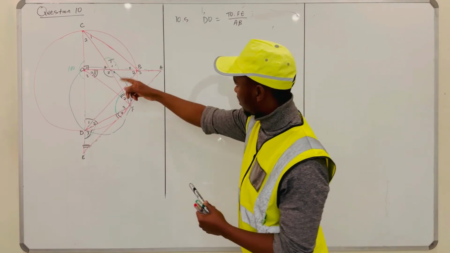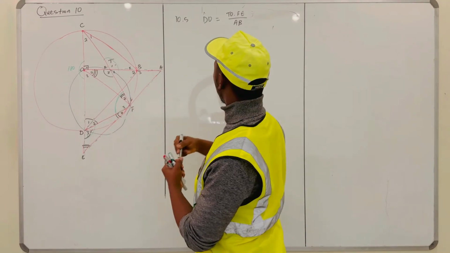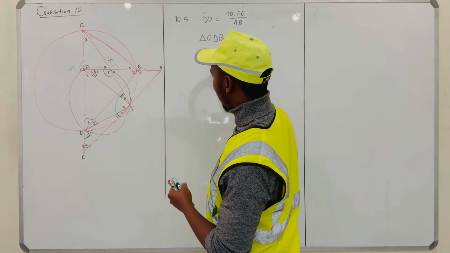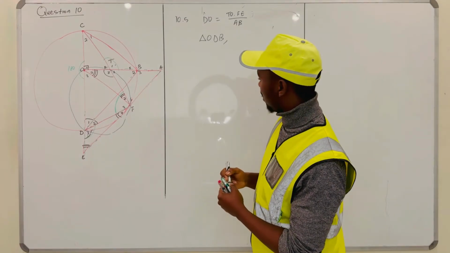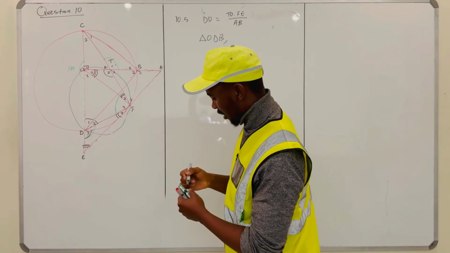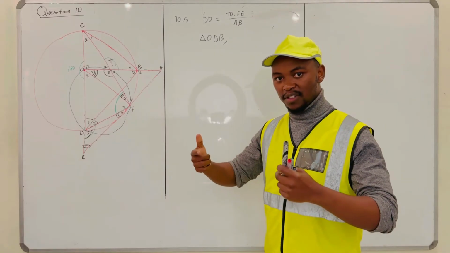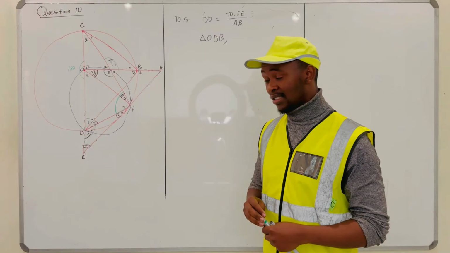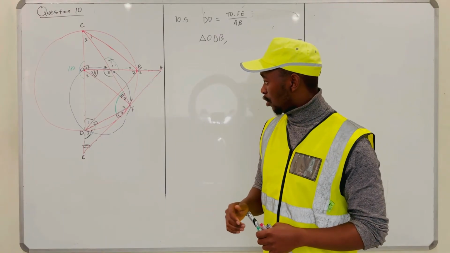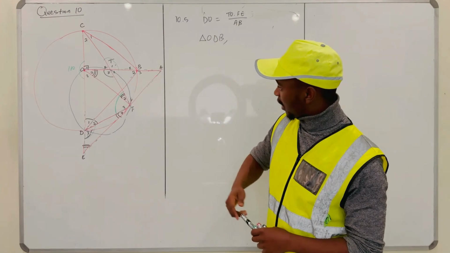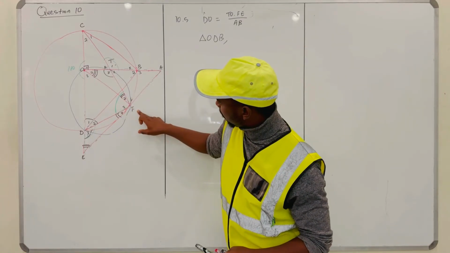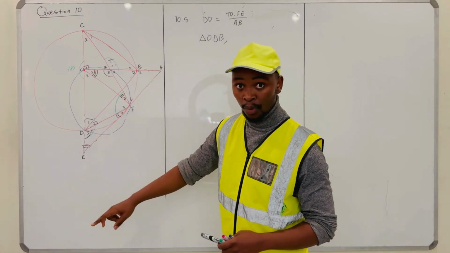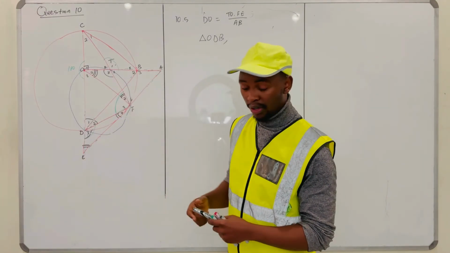We see a triangle that involves OD, which is triangle ODB, and another triangle that involves FE. We can try and use triangles that we have information about from previous questions. It is tough to start from scratch now. If we look at FE, we can link it to triangle OEF, but we haven't spoken a lot about that triangle. We have spoken about DFE, which is similar to triangle TFO.